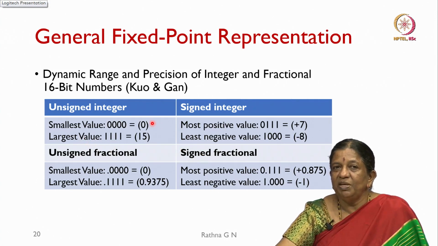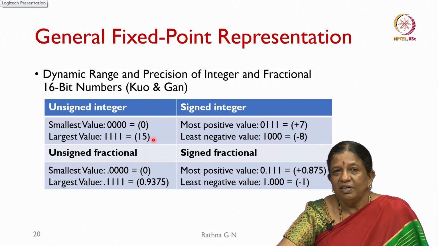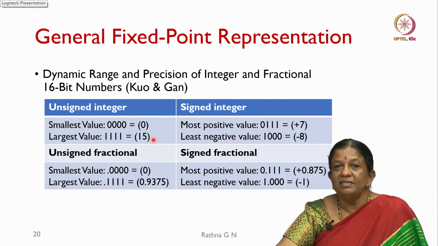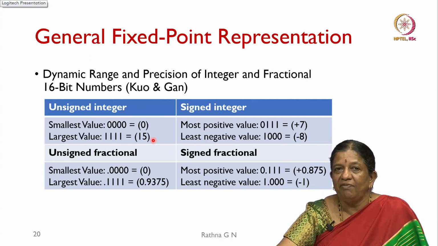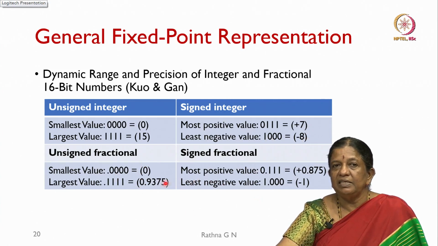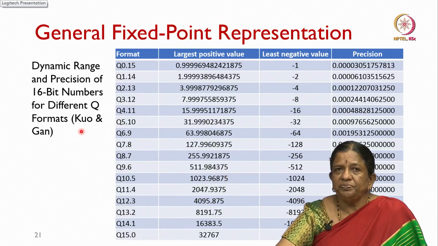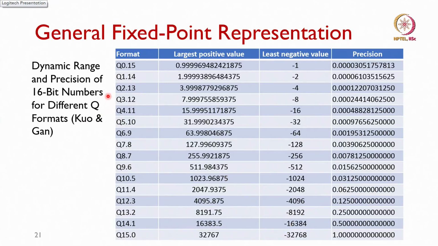The minimum value will be 0 and the maximum value will be 2 power 16, which is 65536, so 2 power 16 minus 1 is the maximum. In the signed case, it is going to be 7FFF, the positive number being 32767, and the negative number is going to be minus 32768. The same way you can calculate the unsigned and signed values.